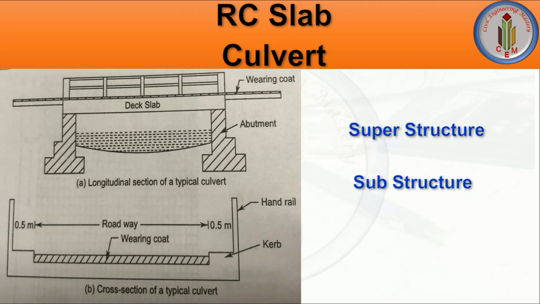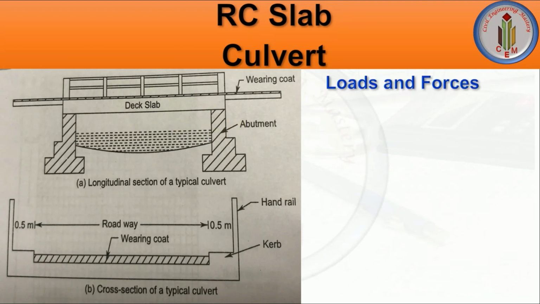The substructure is below ground level and above ground level we have the superstructure. So we use an abutment, pier, or some kind of wall, like a retaining wall, to support the deck slab, that is the culvert. The structure below the ground we call the substructure, and above the ground the superstructure.